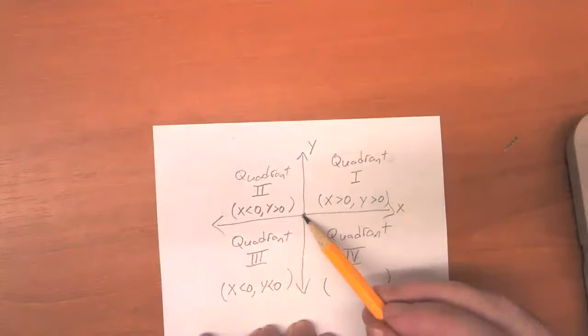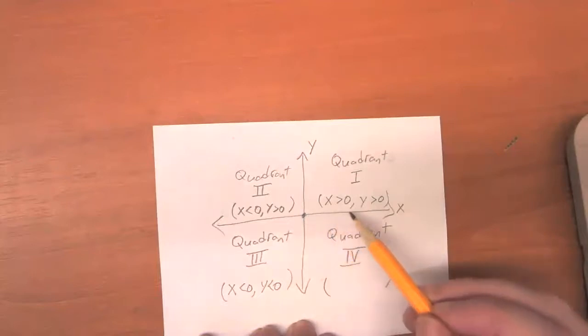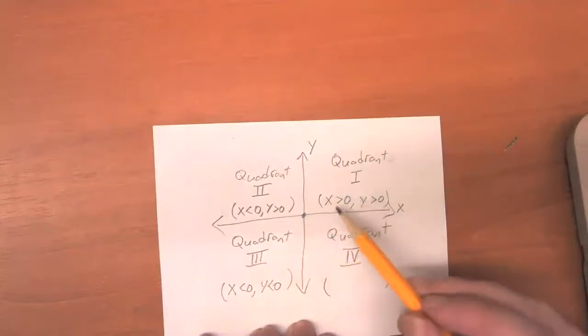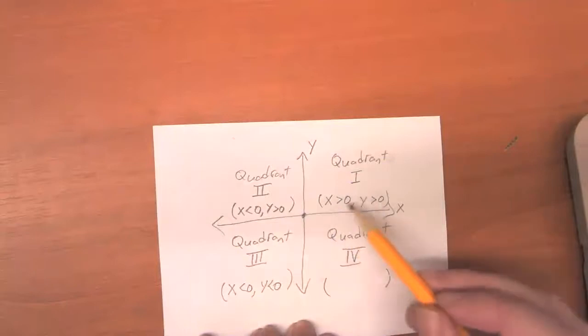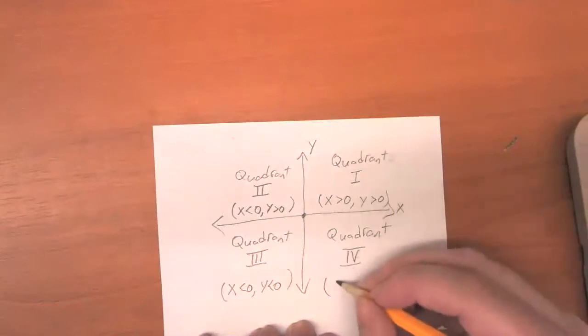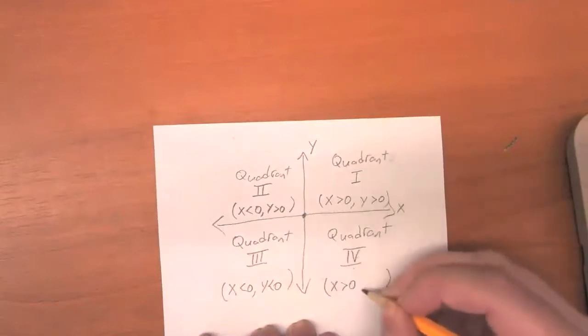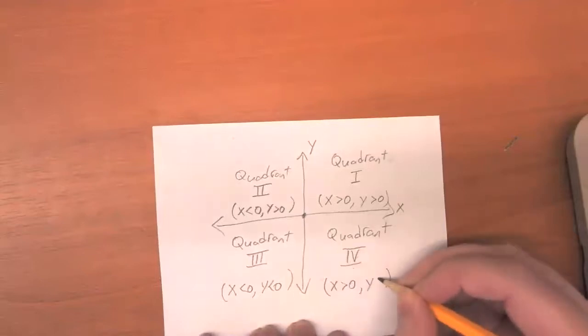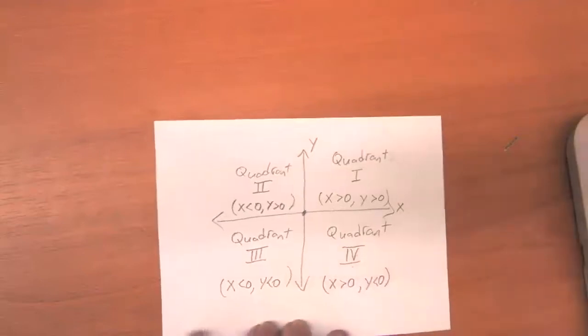You're starting from the origin, and we're moving to the right. So our x values are going to be positive here. And then we've got a negative y value because we've got to move down along the y-axis. So here we have x being greater than 0 and y being less than 0.